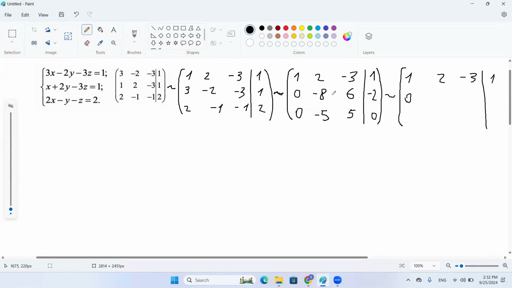So currently, just divide by 2, and then we will see if we need to change sign or not. So here we will leave -4, 3, and -1.